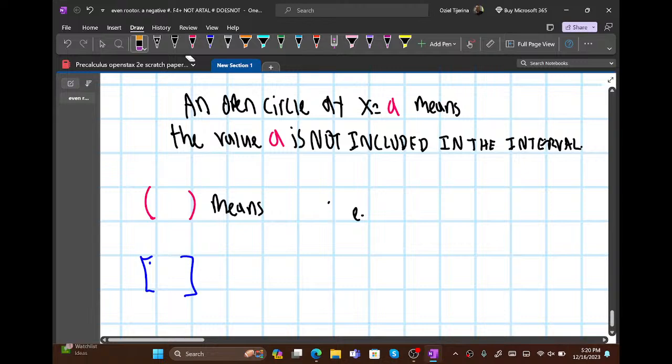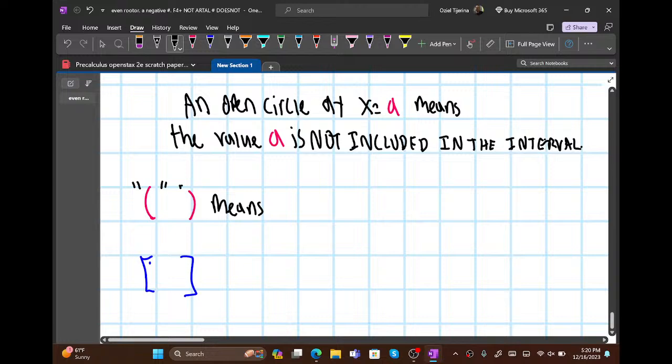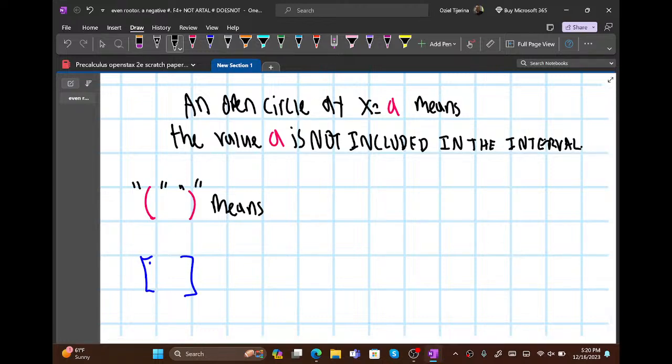So I just want to say parentheses, whether it's open or closed. I put it in quotation marks because they're symbols.